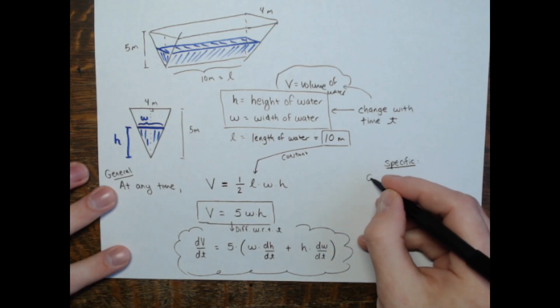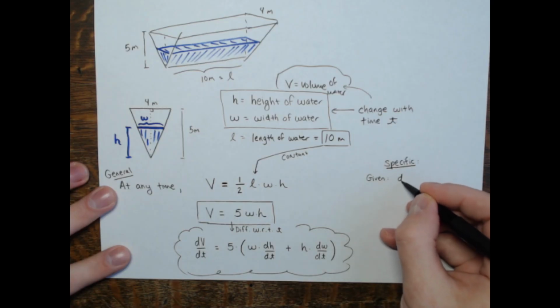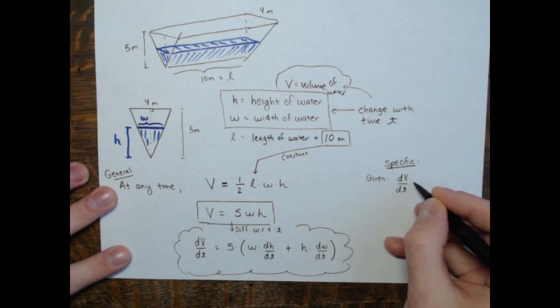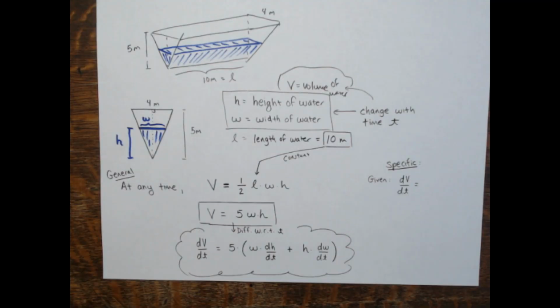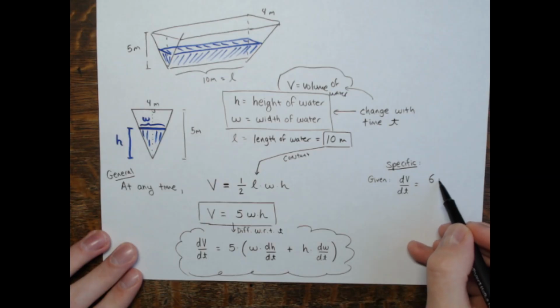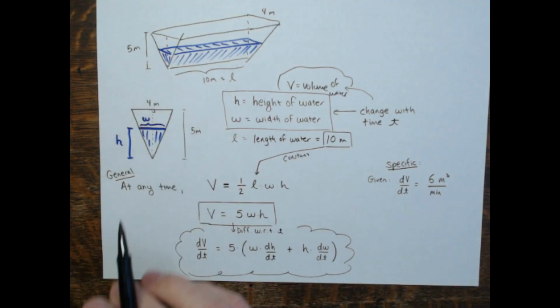So they gave us that the water being put into this trough, so dV/dt, changing the volume, they said water is being pumped into the trough at a rate of 6 cubic meters, right? Again, that's a volume unit per minute. It's positive, right? The volume would be increasing.